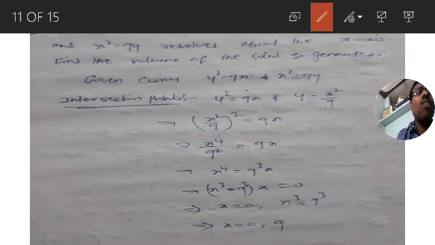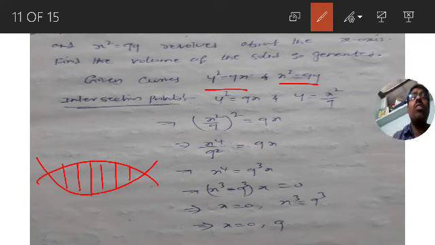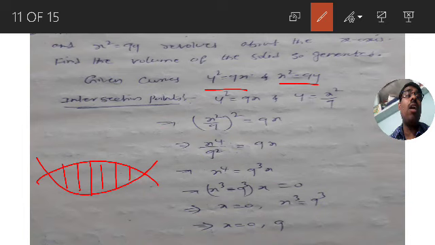This is the first curve and this is the second curve, and this area between the two curves is revolved about the x-axis, then there will be a generated solid. For that solid we need to find the volume.